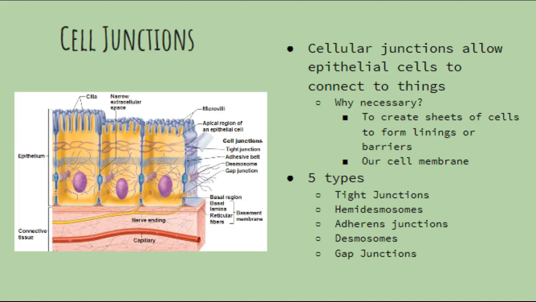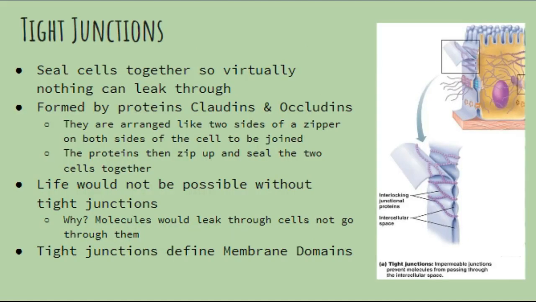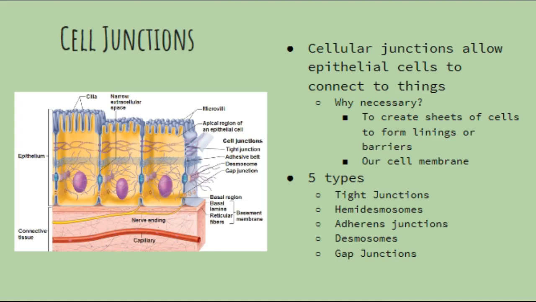There are 5 types of cell junctions that we are going to talk about. There are tight junctions, hemidesmosomes, adherens junctions, desmosomes, and gap junctions. The picture to the right shows an example of epithelial cells that are sitting on top of connective tissue, and in between each of those epithelial cells are the different junctions, which we are going to go over.